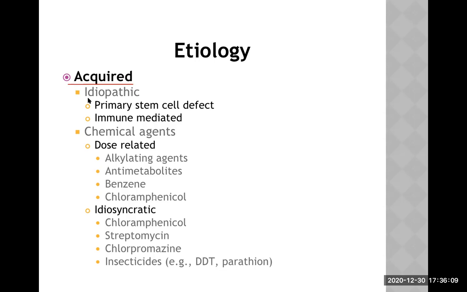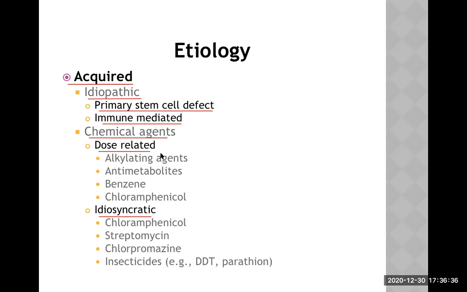Now, acquired causes may be idiopathic, they are the most common one. We do not know the pathogenesis or the cause, but we presume or we hypothesize that primary stem cell defect or immune mediated causes are responsible for the majority of aplastic anemia. Regarding the chemical agents, they are dose related damage or idiosyncratic damage.